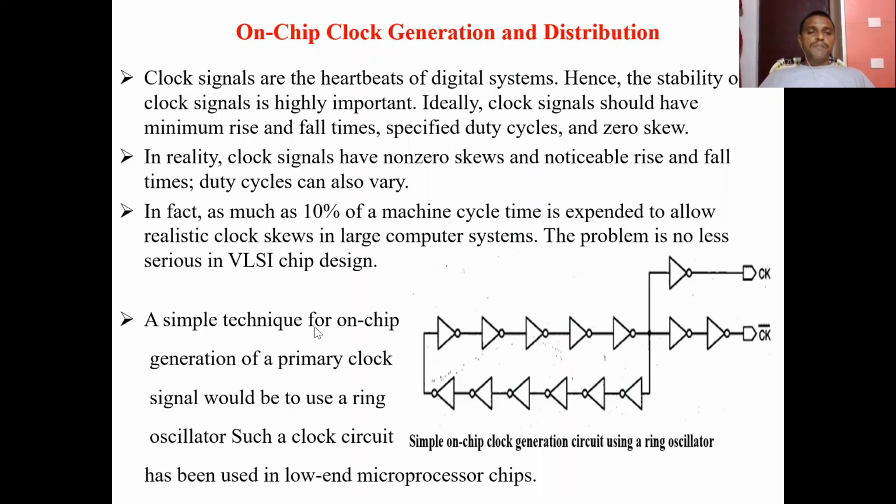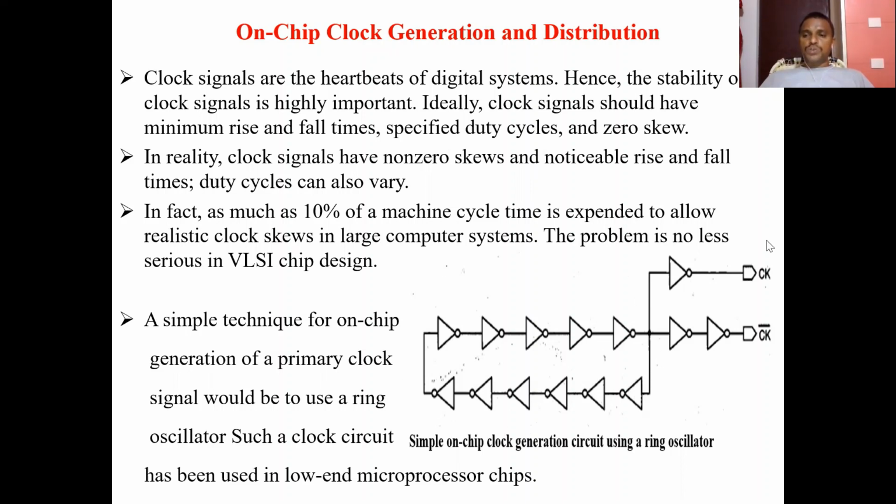A simple technique for on-chip generation of a primary clock signal would be the use of a ring oscillator. Here you can see the basic circuit of a ring oscillator, a simple on-chip clock generation circuit. All the inverters are connected one by one; the output of one inverter is given to the next.